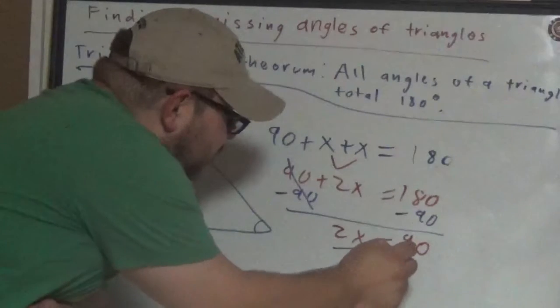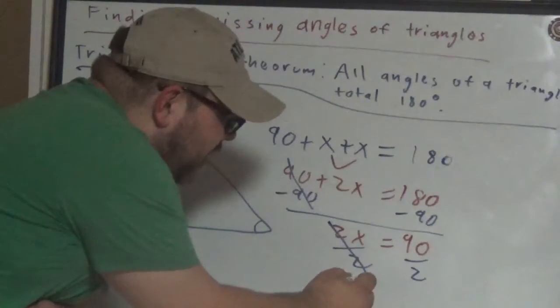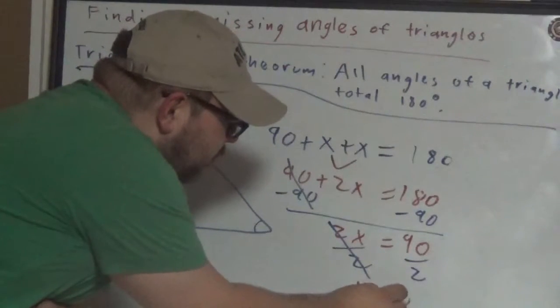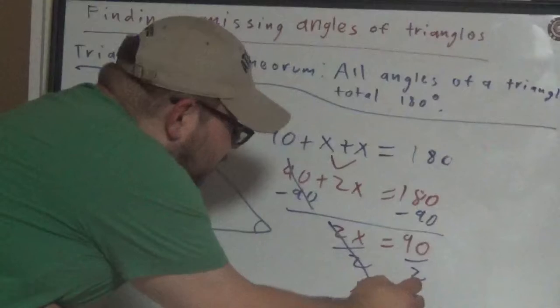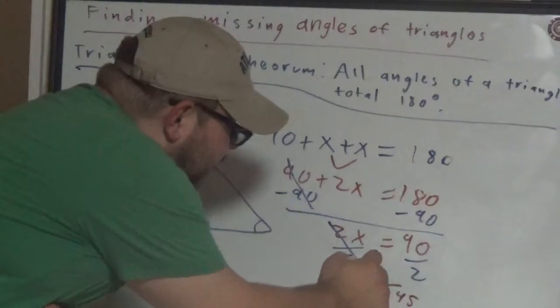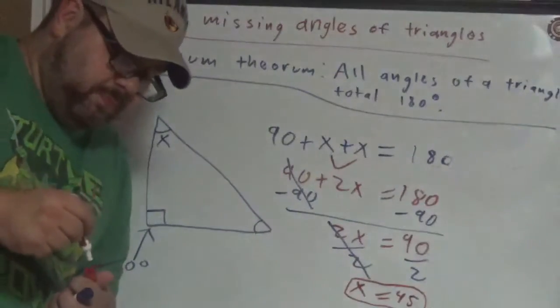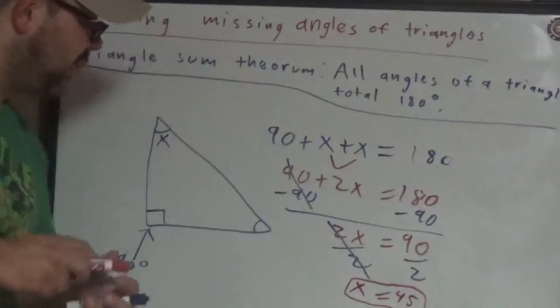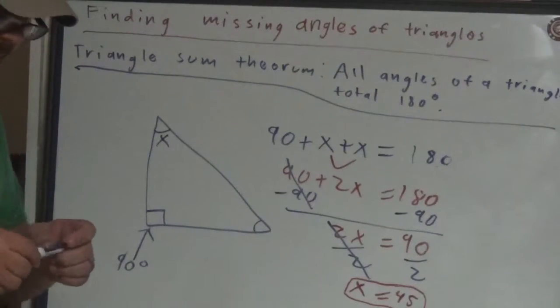Divide each side by 2. And we get x equals 45. Ugly looking 5. Well, now it looks better. So, that's the last one I'm going to do in this video.